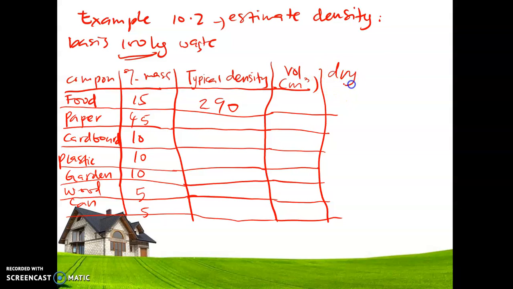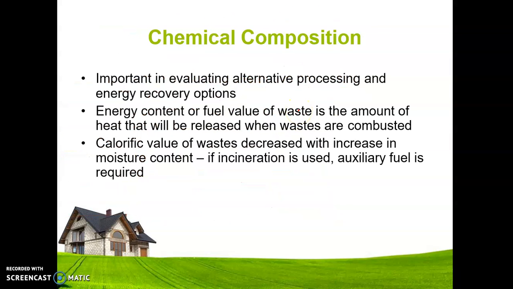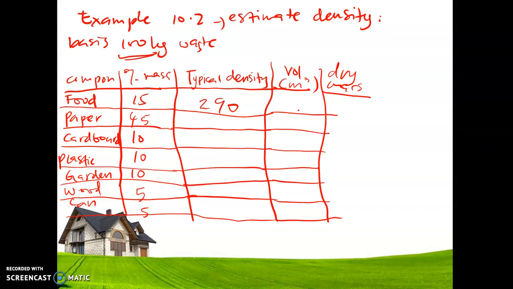You can use this mass in order to calculate the volume. So when you already have the typical density and the dry mass that you calculated earlier, by using rho equals m over v, you can calculate your volume. This is the value here.